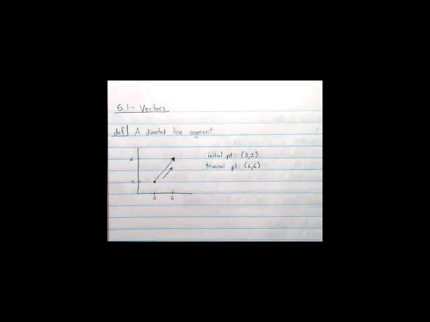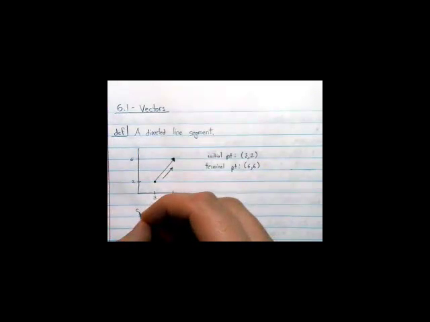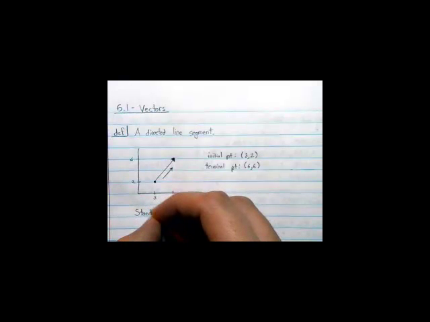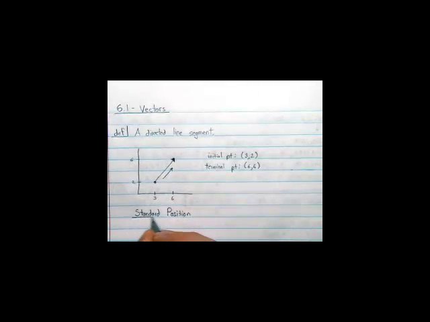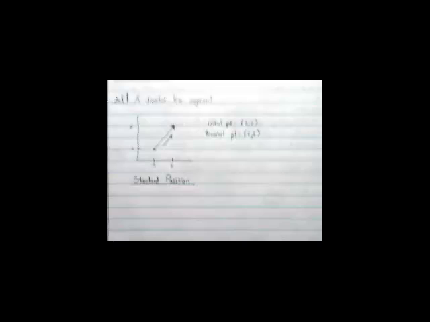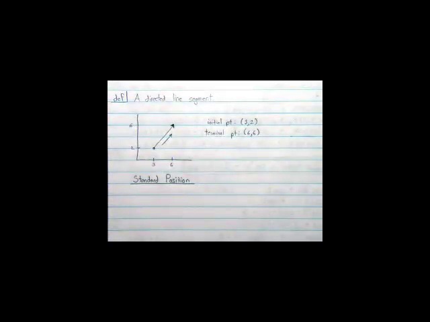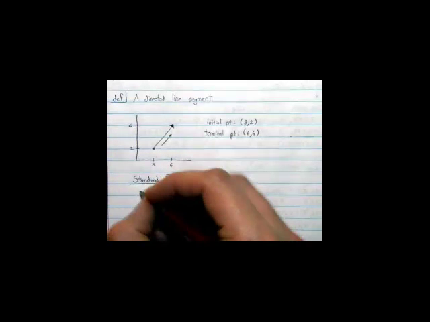So usually a vector, when we graph it like this, is going to be what's called standard position. And standard position simply is the initial point is at the origin. That's it.